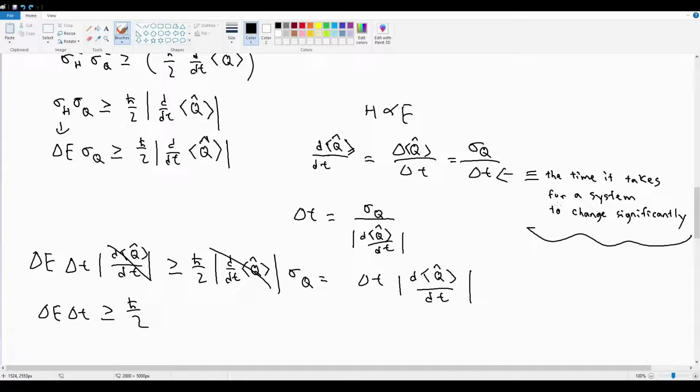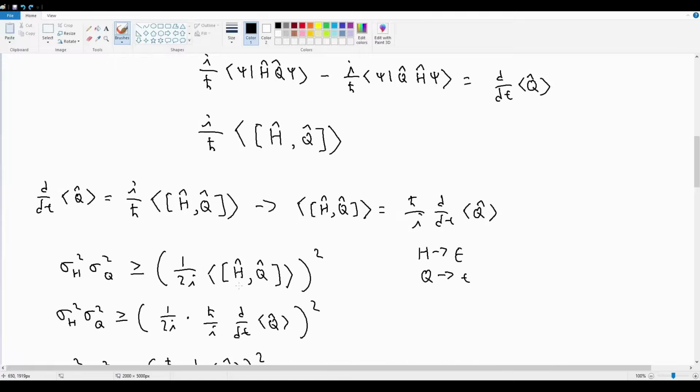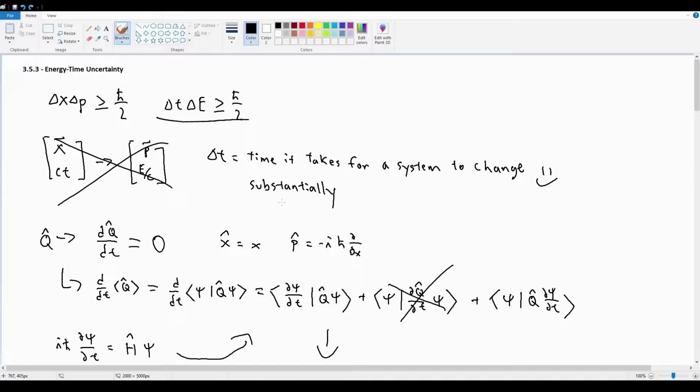So we're defining a lot of things by definition, and by doing those definitions, we get this result. So it's by no means a natural proof that just flows out very easily. Rather, we kind of forced this result. We forced this relation by defining delta t in a very specific way. So as a result of that, this is once more showing that this is a very arbitrary expression, where delta t was defined in a very arbitrary way.